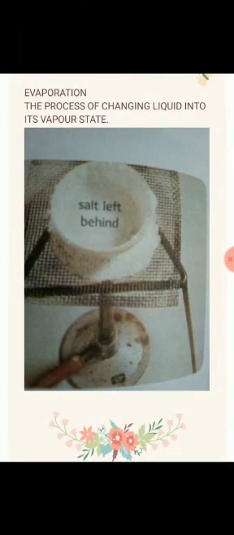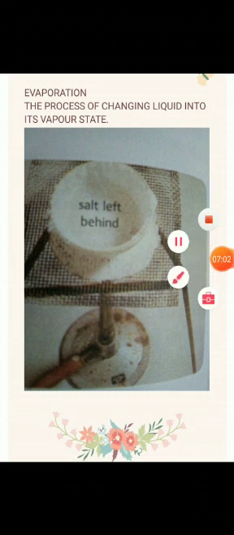Moving on to the next process, in which the liquid in the mixture, such as a sugar solution or salt solution, directly converts into vapor state. That is the process of evaporation.